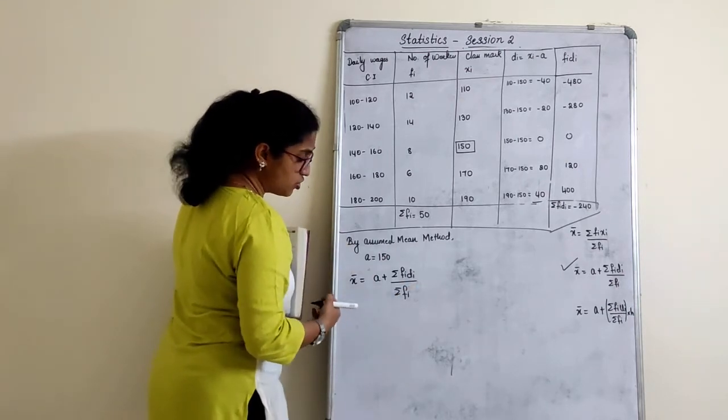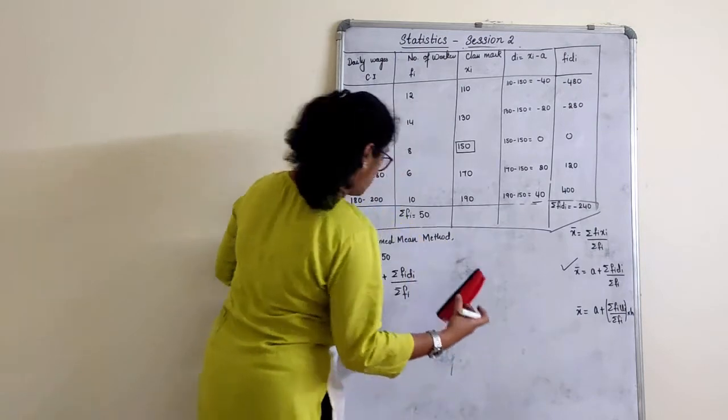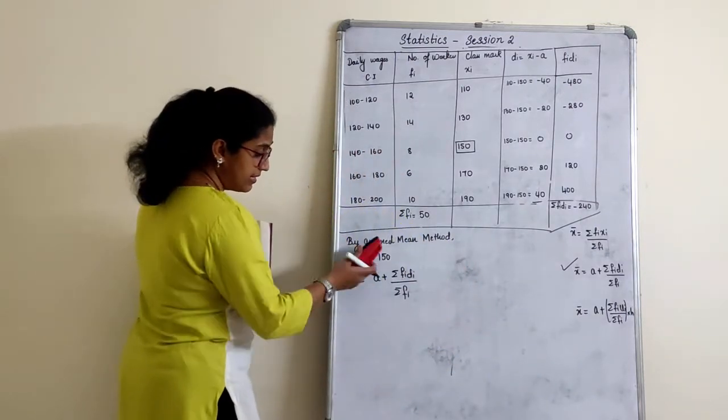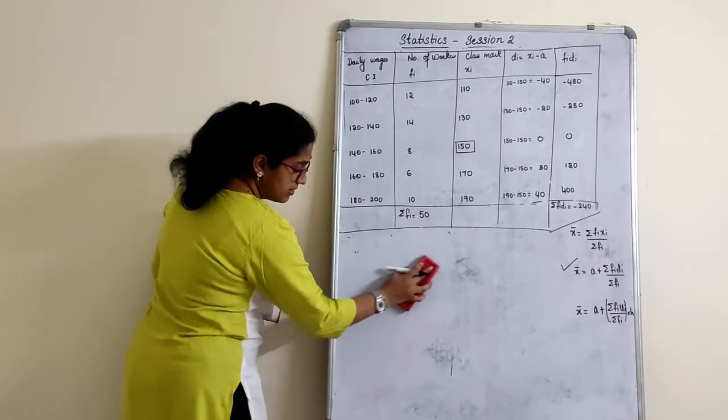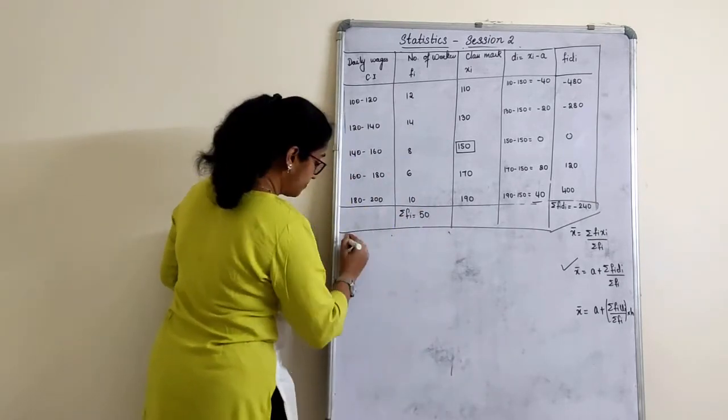Shall I erase this, children, this one part, because I require the space here to solve it. I will rewrite the formula. Is this very clear? I'll erase this and write the formula and start again.